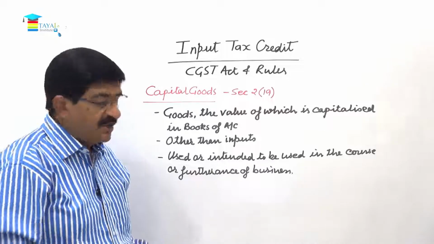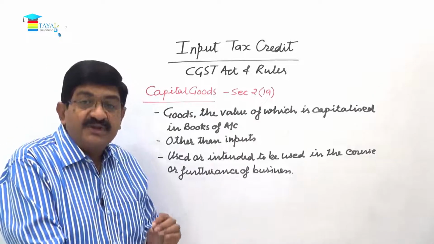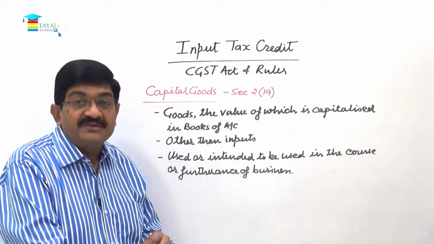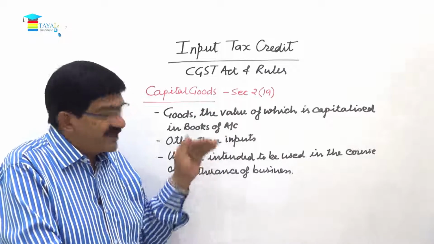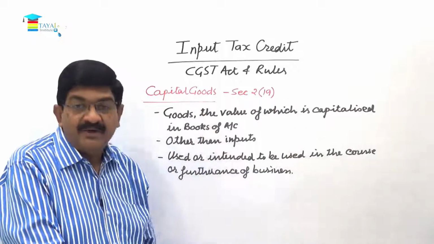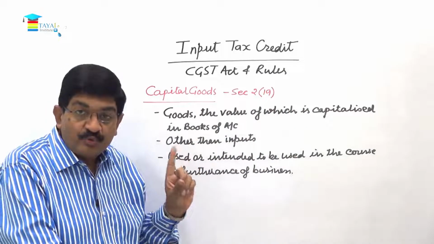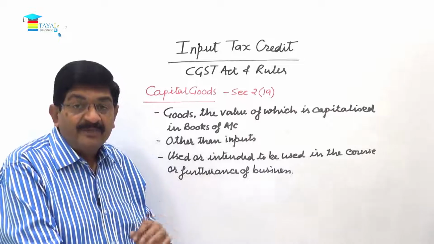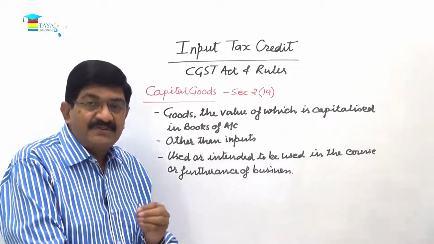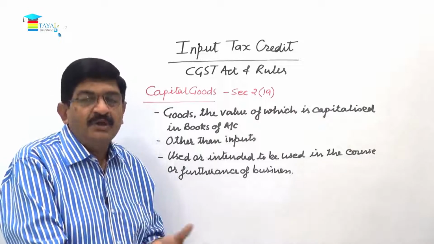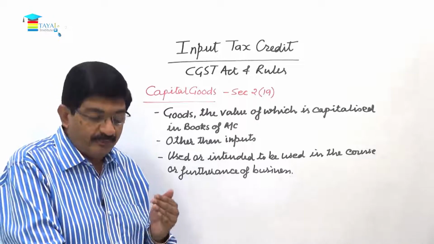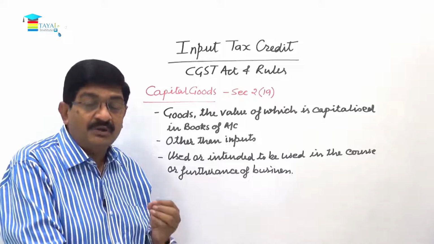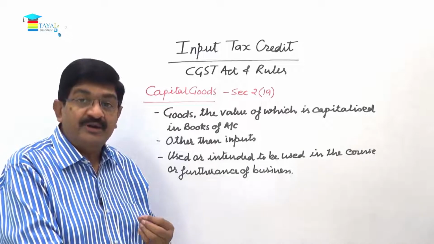But under section 17 there are certain goods for which the credit is not available. So it does not mean that the credit, whatever we capitalize, the credit will be available. This is subject to those provisions which are under section 17, and in that case the very first example is motor vehicles. Whether credit will be available in relation to motor vehicles or not, so that depends upon for what purpose the capital goods are or rather motor vehicles are being used or intended to be used.